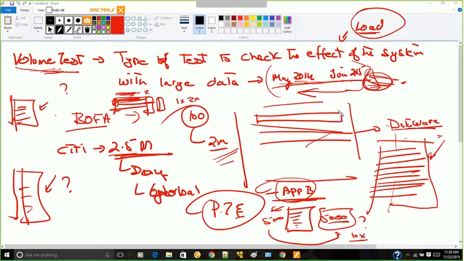The application will truncate and show you only what you require. The truncating part, everything is done at the server level. So you're not testing the database. You're testing if there is a large volume in the database.